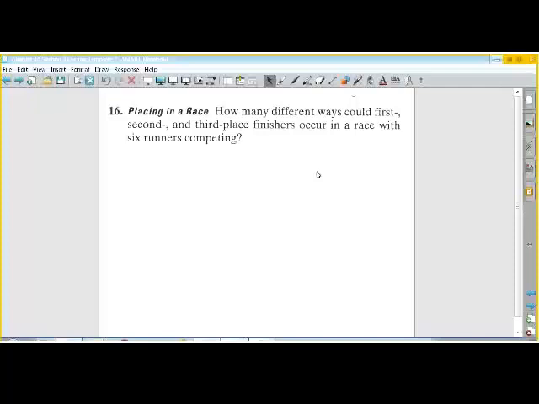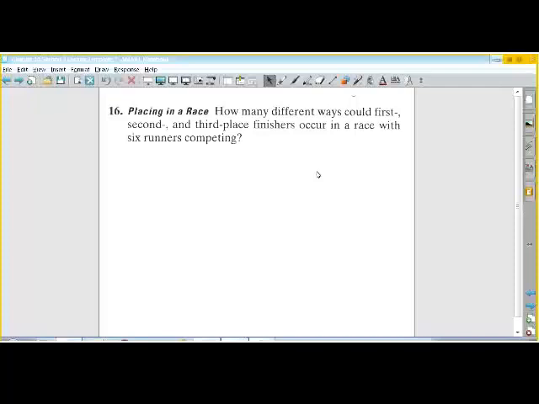Yes, it makes a difference whether you win first or second. So order is important, therefore we use permutations. Then all we have to do is figure out what N and R are. N is always the things you're choosing from, and R is the things you're choosing, the subset.